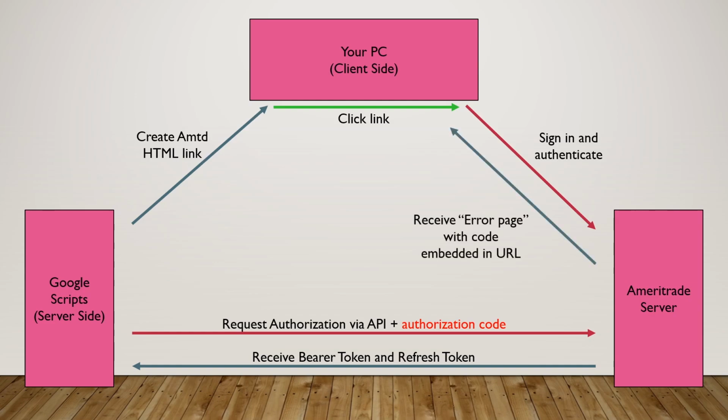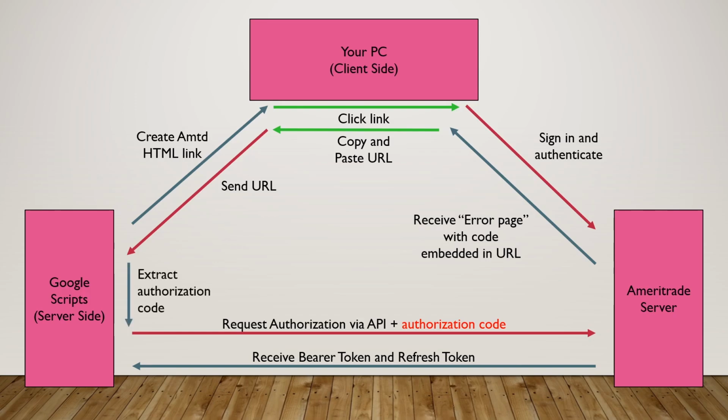When that is authenticated, it returns an error page with the code embedded in the URL, as I mentioned. You would then need to manually copy and paste that URL into the HTML form, and that URL text is returned to the program, which can then extract the authorization code and then proceed with the API call.